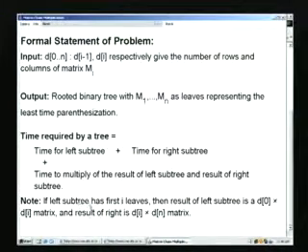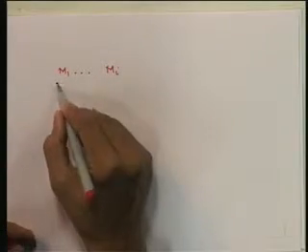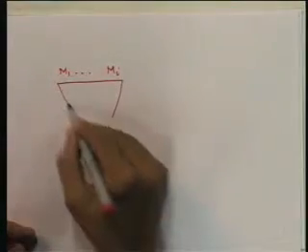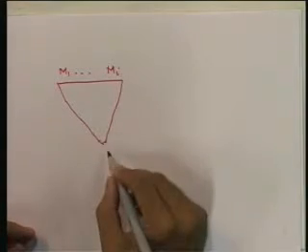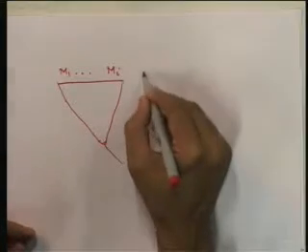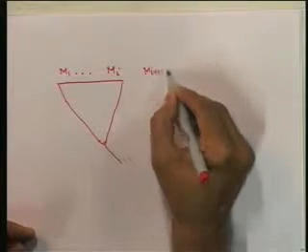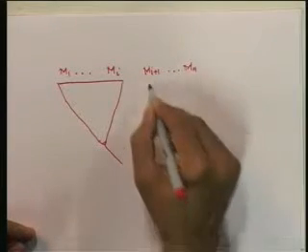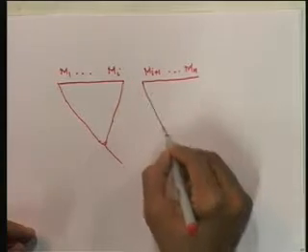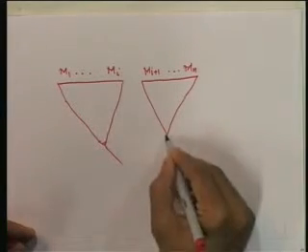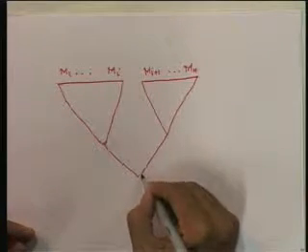So, just to clarify, suppose we consider a tree in which the left subtree has i leaves. So, say M1 through Mi belong to the left subtree, and Mi+1 through Mn are leaves for the right subtree, and so we take the product over here.